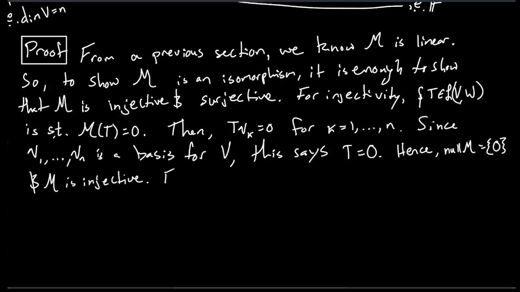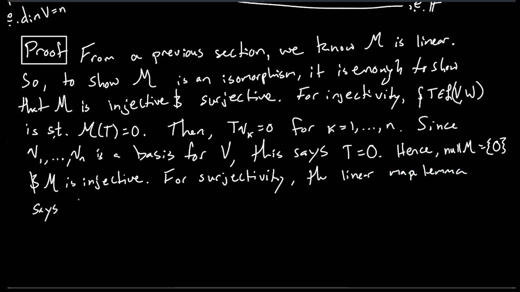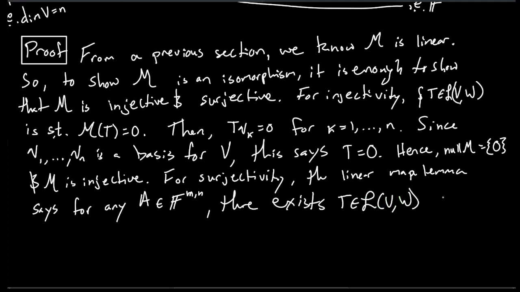Nice. Okay. For surjectivity, the linear map lemma gives us what we need. The linear map lemma says that for any A in F^(m,n), there exists T in L(V,W) such that the following holds.